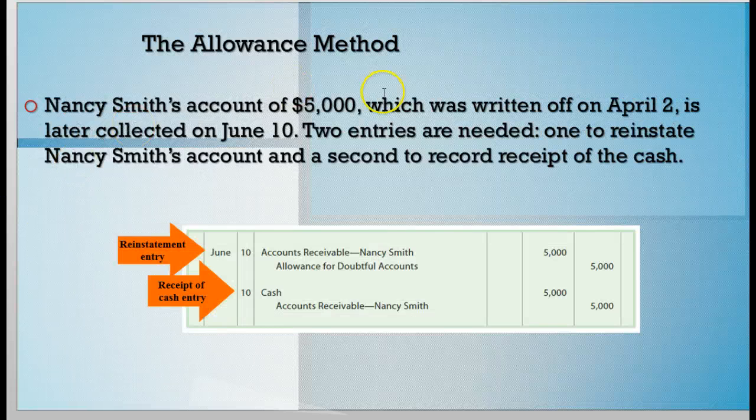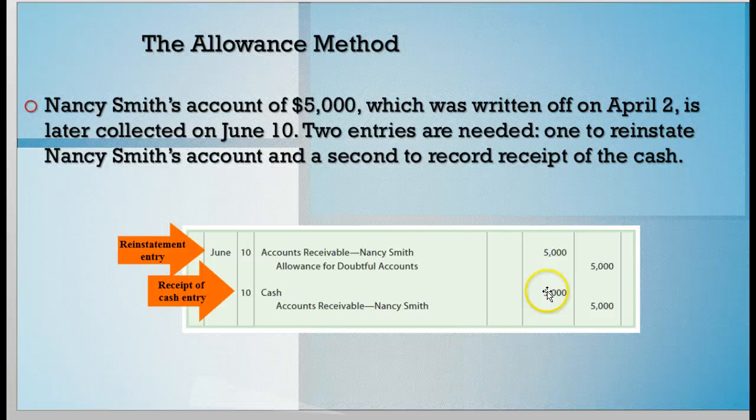So if we come down here, again, they've written off on April 2nd, and it was later collected, okay? So we wrote it off, and we took it out of the allowance account. She came back in and paid for it. Well, we're not doing anything other than doing a cash, because her account has not been jeopardized here.